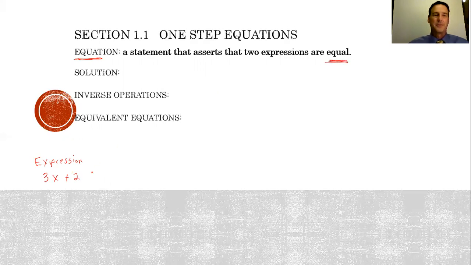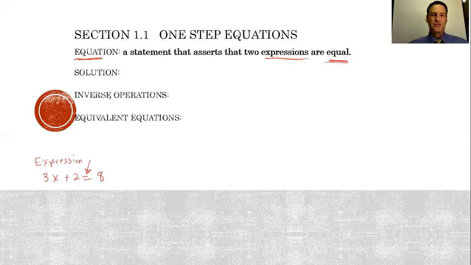Okay, so I'm going to put it equal to, let's say 8. Okay, so that is an equation. And again, the big thing is that I have an equal to sign there. Okay, and the part on the left and the part on the right are what we call expressions. Okay, so there is a difference between an expression and an equation.